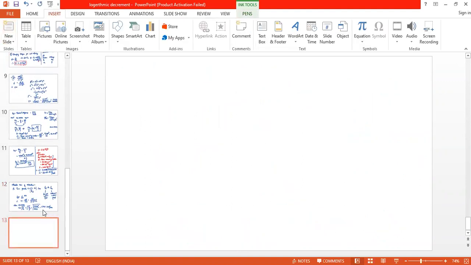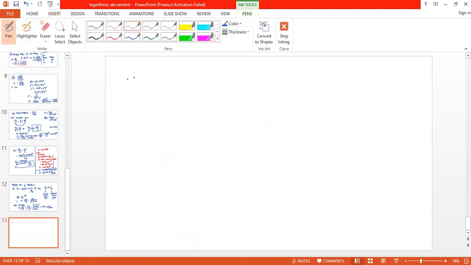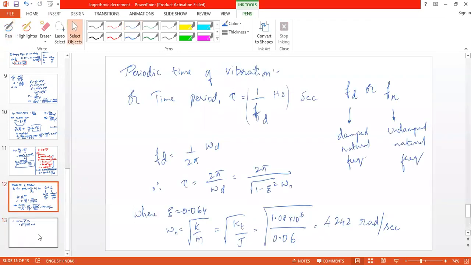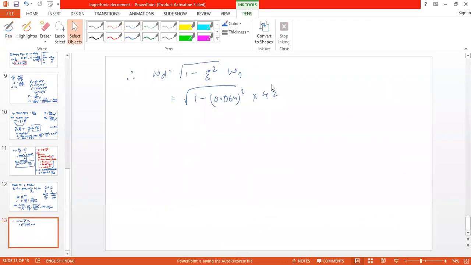Okay, radians per second. Therefore, omega d is equal to root of 1 minus zeta square omega n, that is equal to root of 1 minus 0.064 whole square, multiplied by 4242.